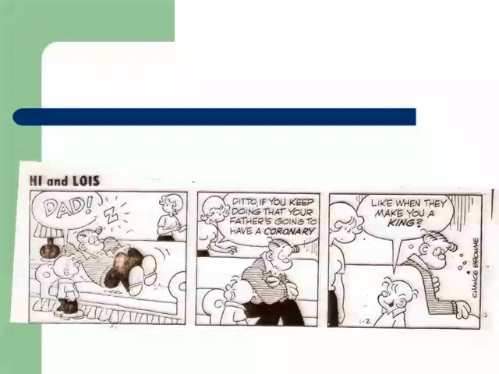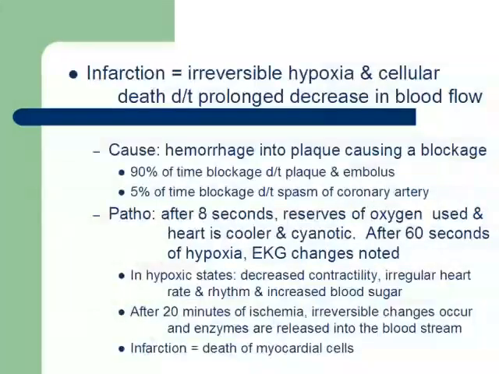I'll tell you after I tell you the bad news. Bad news is, myocardial infarction is a heart attack. Good news is, it doesn't mean you have to put your feet up in a chair and not do anything anymore. But a myocardial infarction is irreversible hypoxia and cellular death due to prolonged decrease in blood flow."